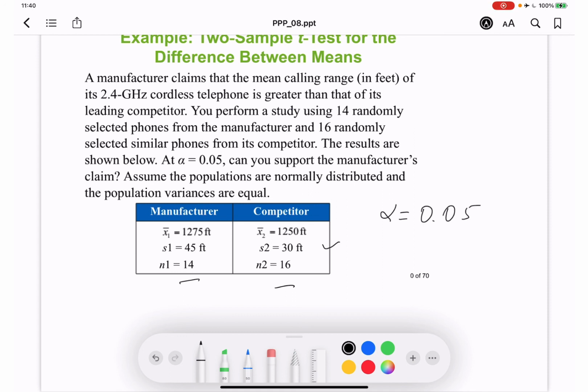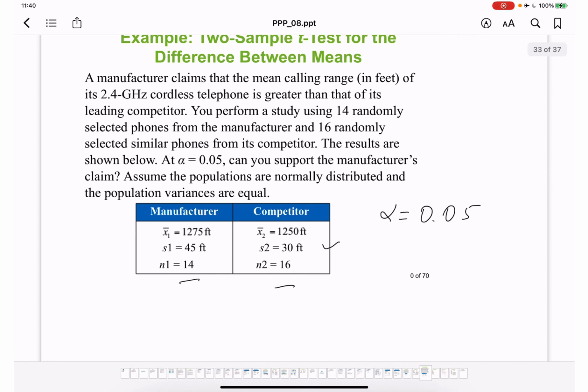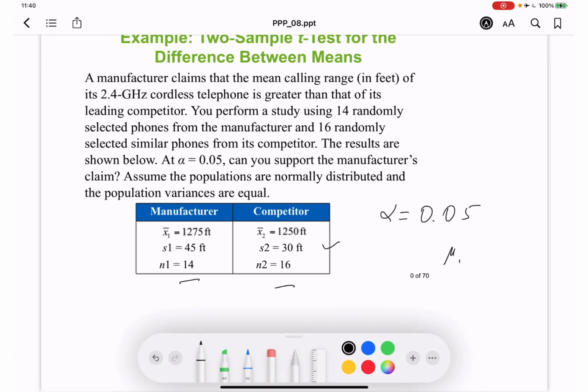All right, let's start solving. We need to figure out the claim that the phone from one company is greater than the other one. So we are going to test mu1 is greater than mu2. It's the alternative claim.